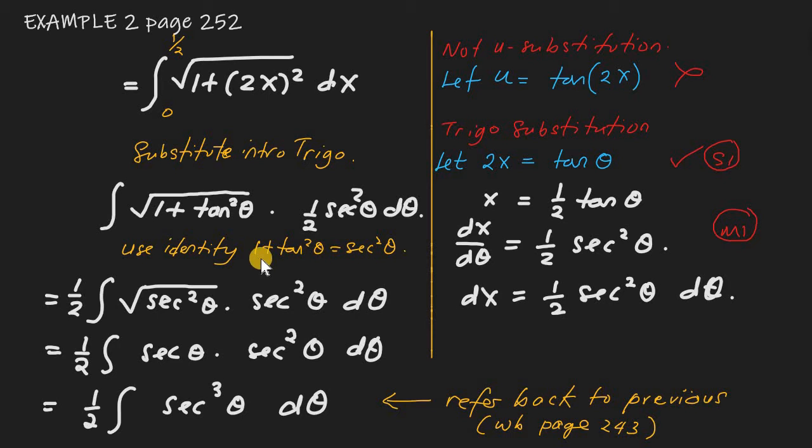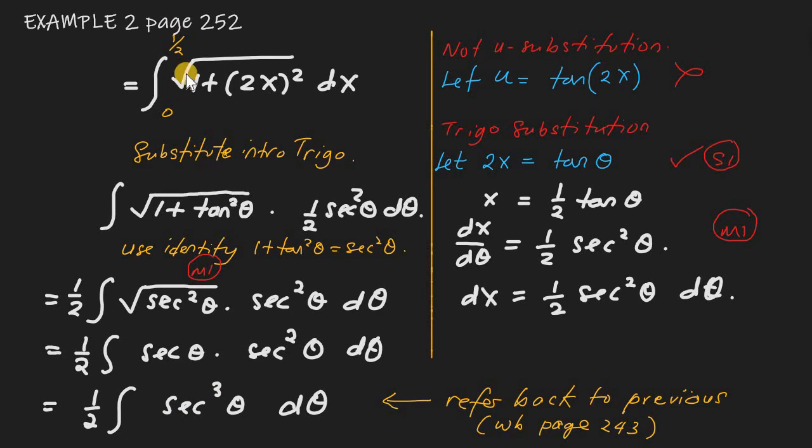The Pythagorean identity, 1 plus tangent square theta is secant square theta. Why so? Because we would like to eliminate the radical there. So the square root of secant square is secant. There's a mark for you to change using the identity. And then simplify, and this is secant cube.